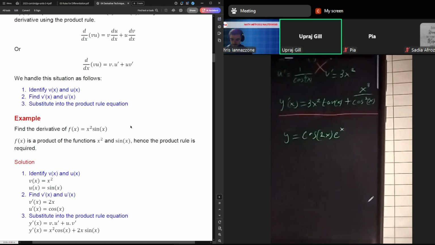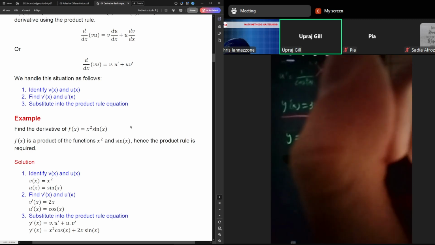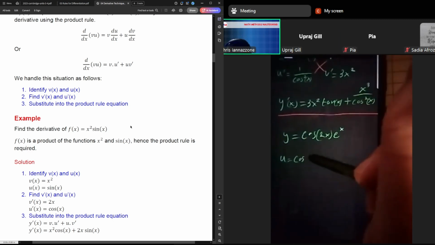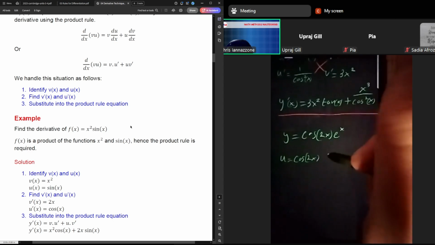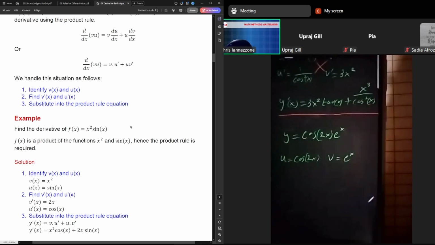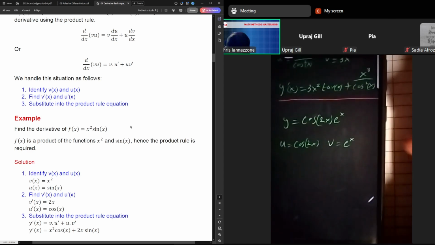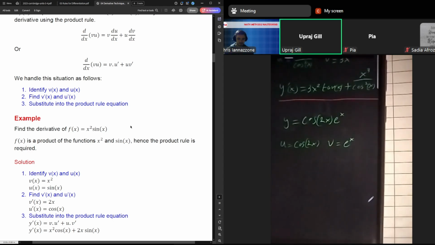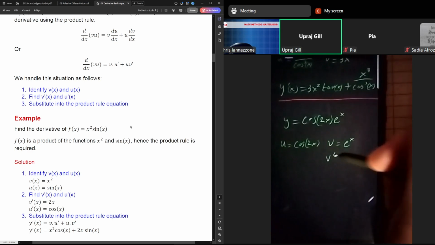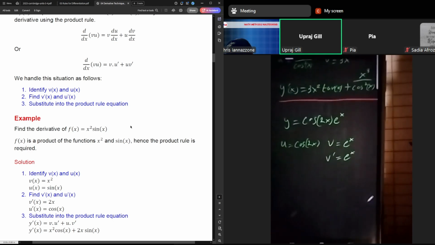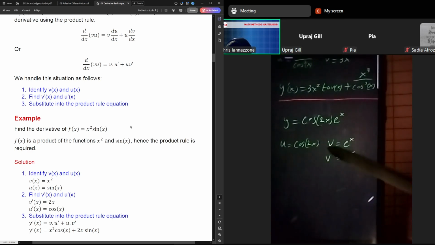U is cos 2x and then V is e to the x. Now we already know that V dash is going to remain the same, but for U dash, we're going to perform chain rule. Yes, there we go.